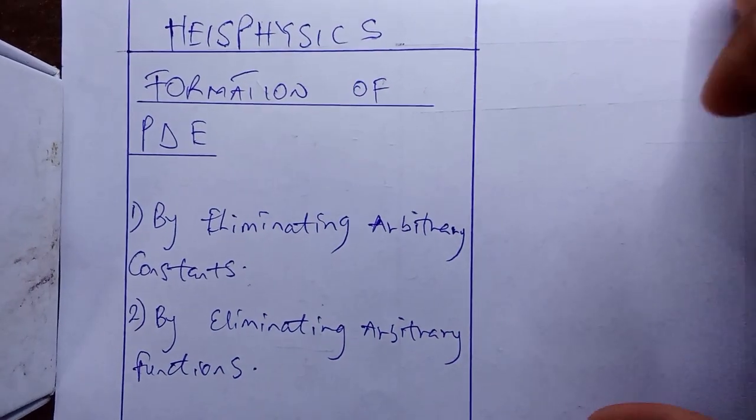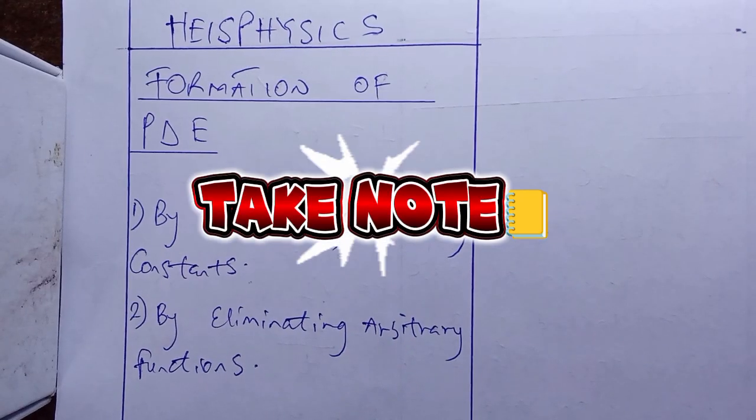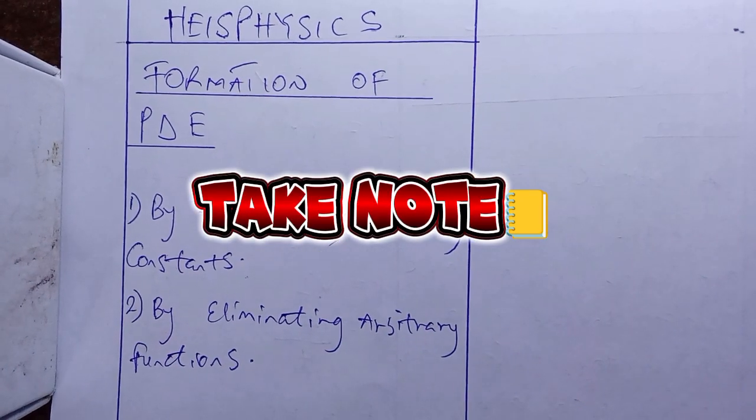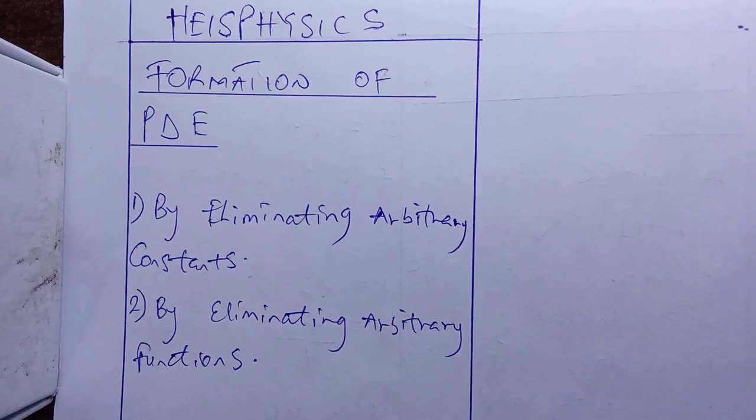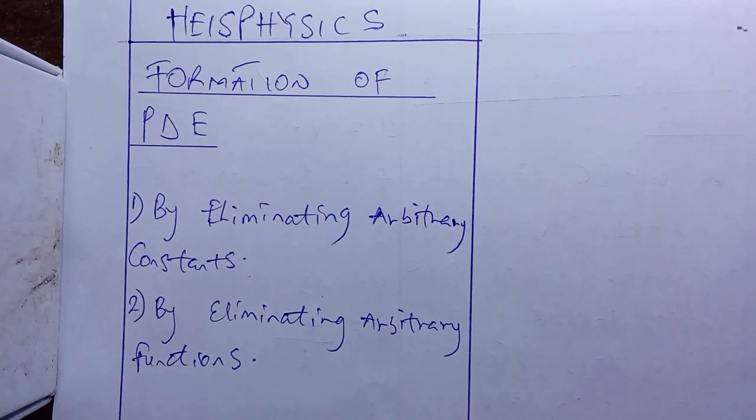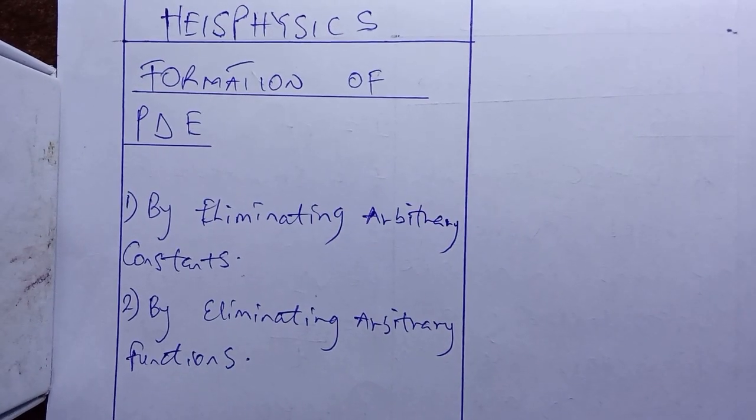So these are the two basic ways of forming a partial differential equation. Now I'll solve examples on both ways so you can understand it. So let's get to the examples.